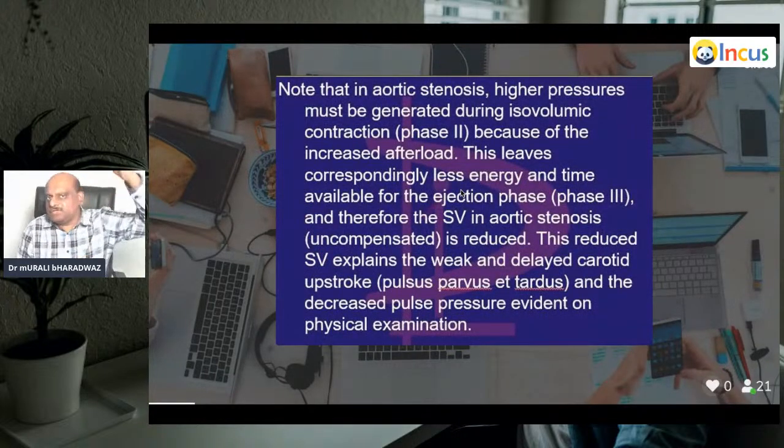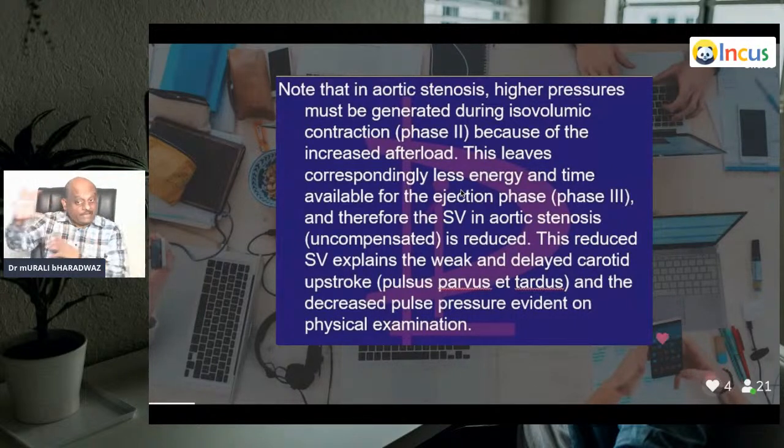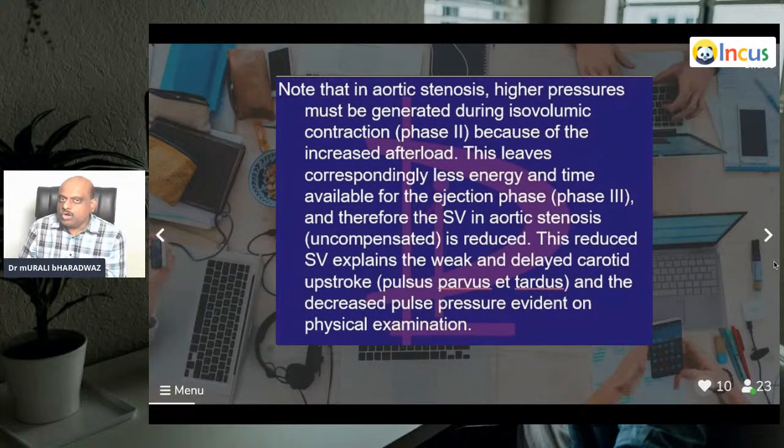There are higher pressures generated during the isovolumic contraction, that is phase 2, because of the increased afterload, and that leaves less energy and time available for the ejection phase, that is phase 3. And that is the reason the stroke volume becomes reduced in case of aortic stenosis, is what you need to remember. So all these things, MS, MR, AS, AR, how to recognize the pressure volume curve. Today only you should go back to the onlinembbs.com video library and do the revision, which is very important.